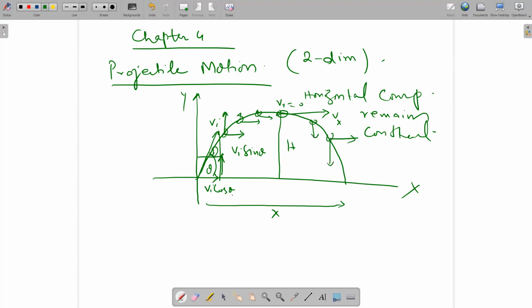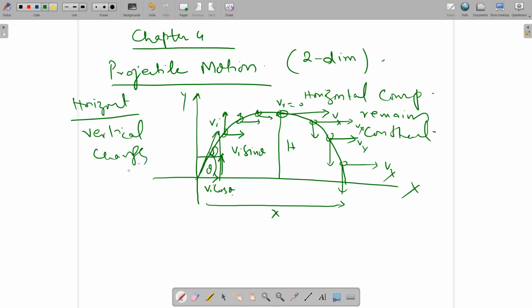And this remains constant. So remember, in projectile motion, the horizontal component remains constant, but the vertical component changes from point to point.